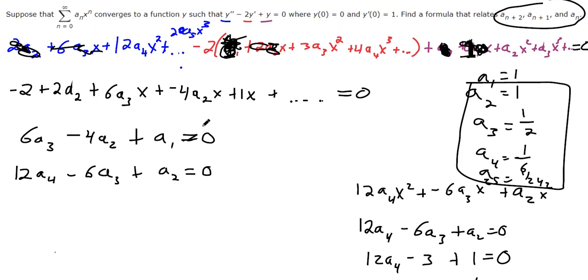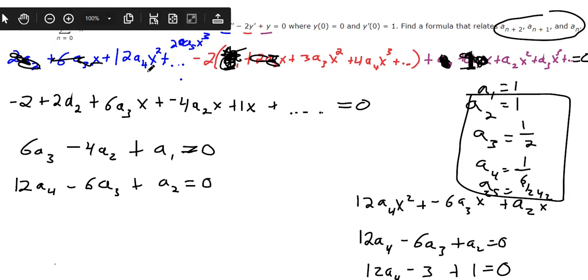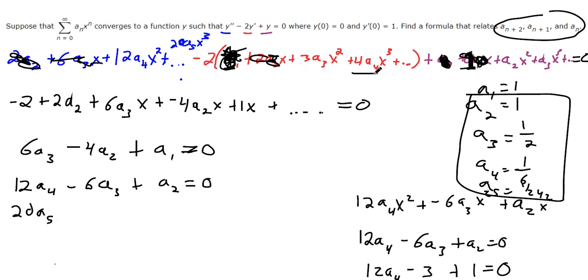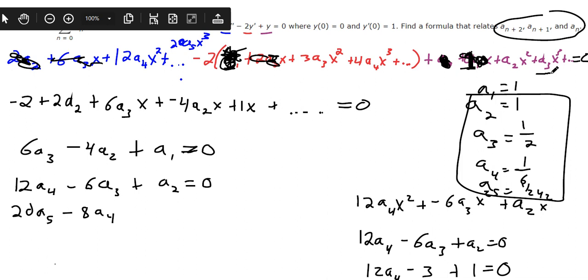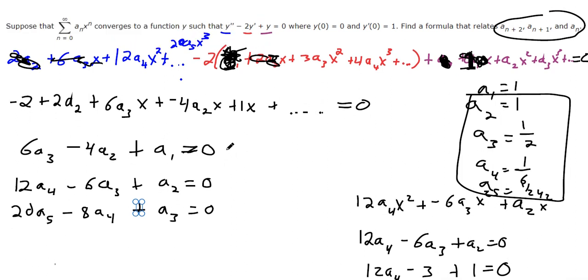And maybe one more for good measure. When we did the x to the third powers, we had 20a sub 5, so we did minus 8a sub 4, and then plus a sub 3 equals 0. So there's a pattern forming here.